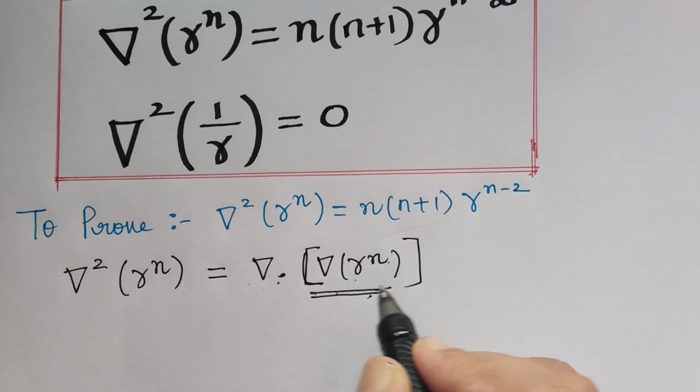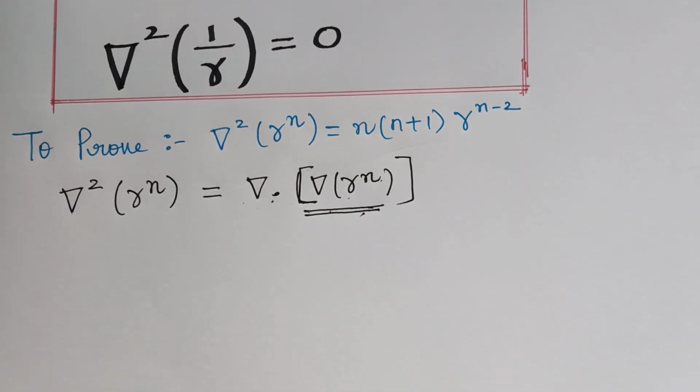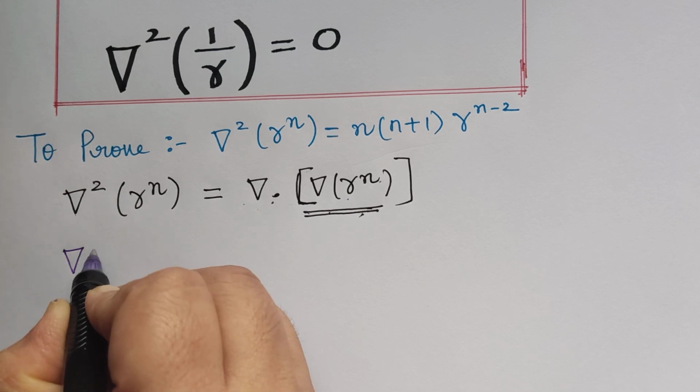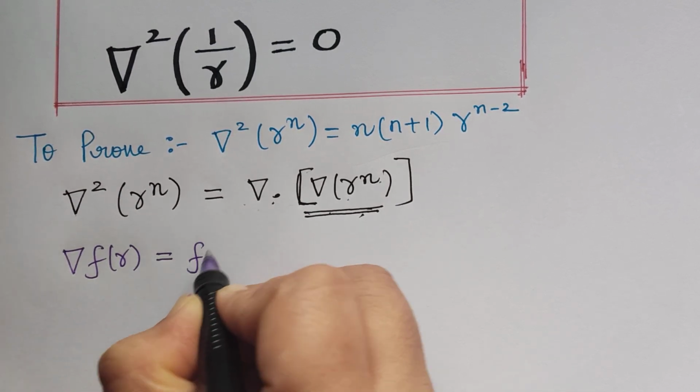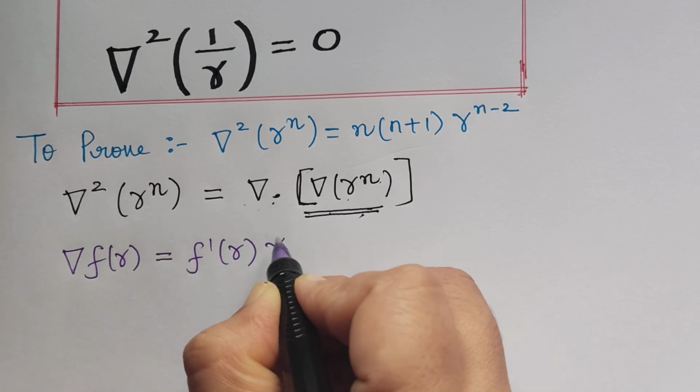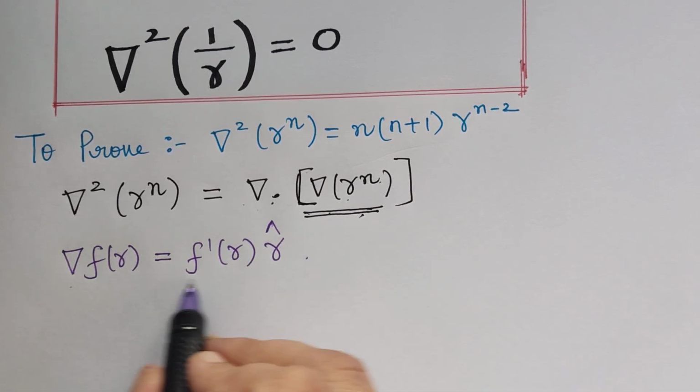In order to calculate this, we have to use a vector identity which we have learnt previously. That is, nabla f of r is equal to f dash of r multiplied with r cap. Now here how to use this identity?